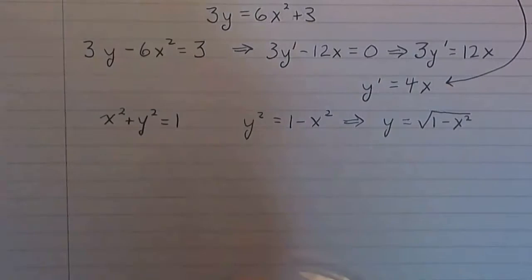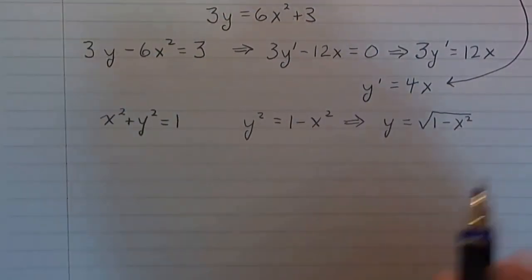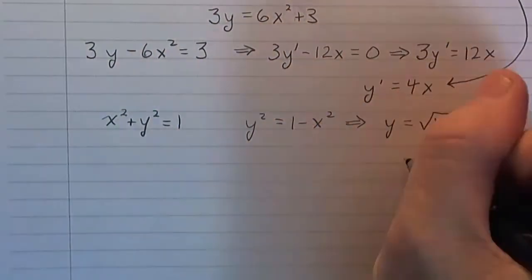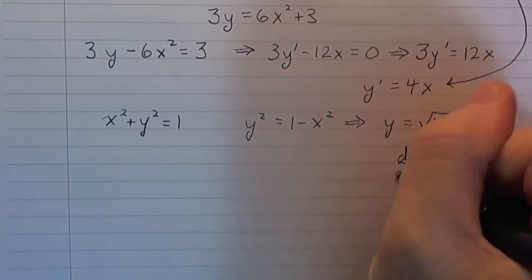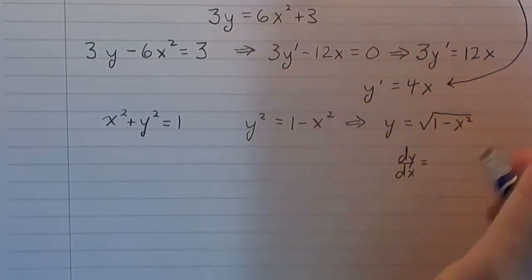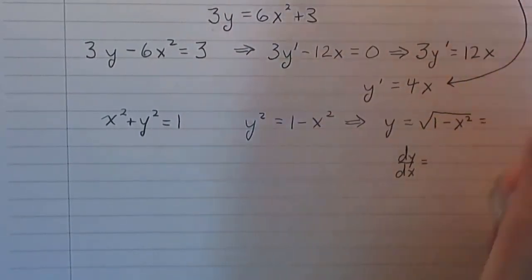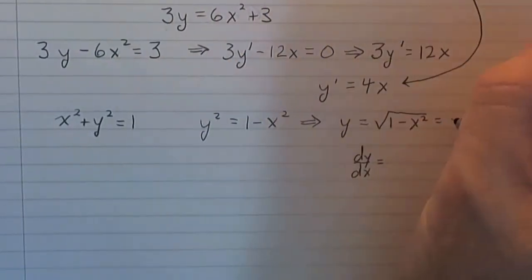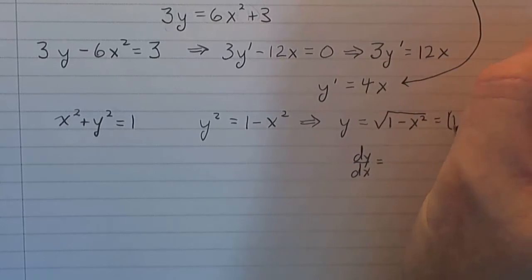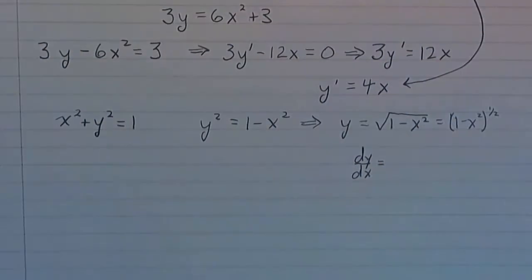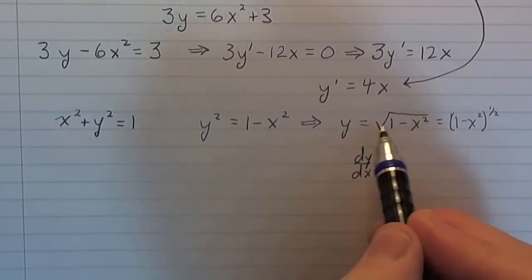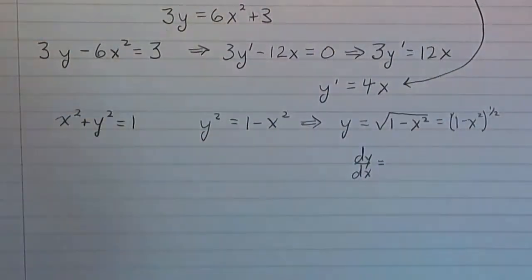Now, I can differentiate this. No worries. Here goes the derivative, dy/dx. Now, there's going to be some chain rule involved. Remember, this is 1 minus x squared to the 1/2. Whenever I'm differentiating, I'm going to write it as a fractional exponent. So here we go.